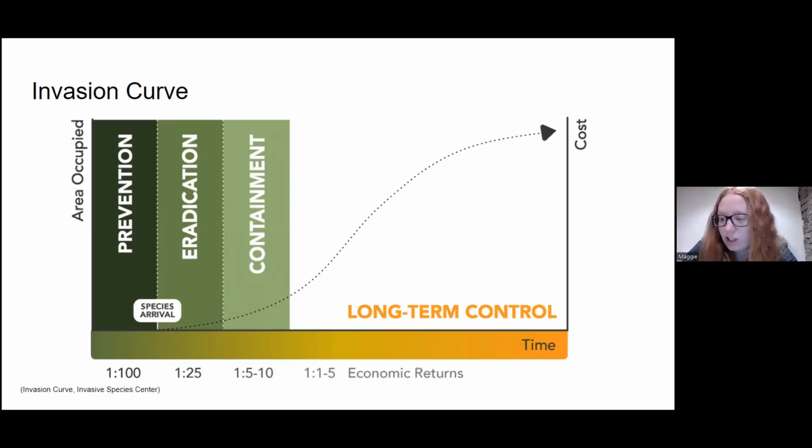The zebra mussels cause a lot of damage to infrastructure and boats and things like that once they've become established. So that's a pretty big number that gives a good example of this curve, how the longer it goes on, the more it costs to manage the populations.